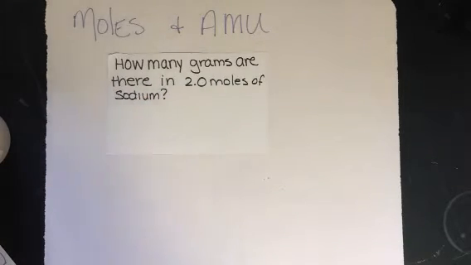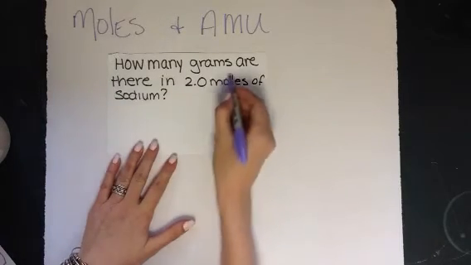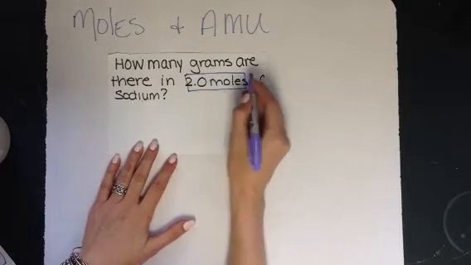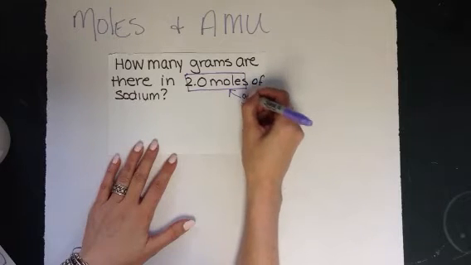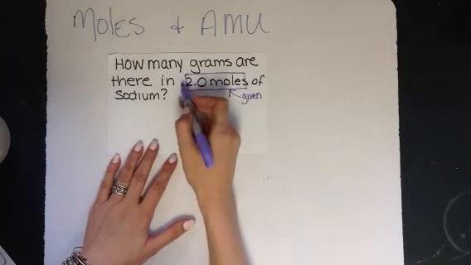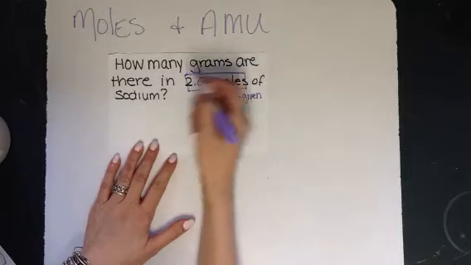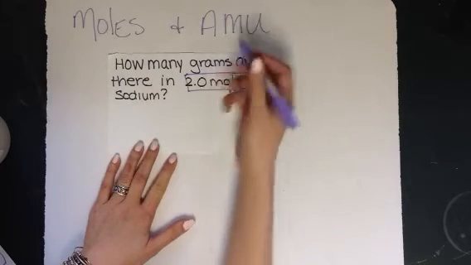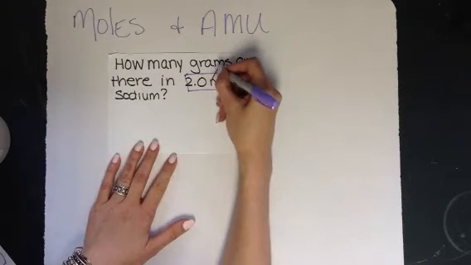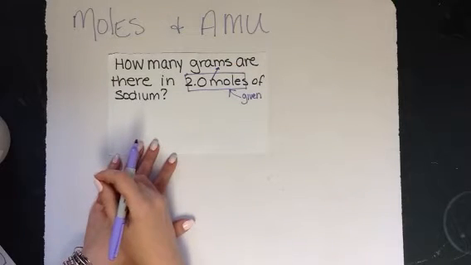Okay, so we have to remember something. We have to remember that we have to use dimensional analysis, and in dimensional analysis we start with our given, same way we did in the old problems. And in this problem, I want to know how many grams are there. Grams is mass, so I want to go from moles to grams, which is mass.